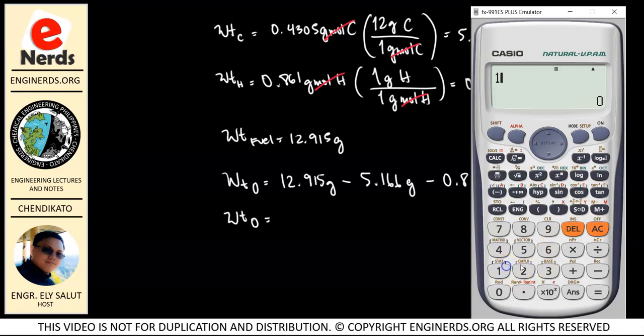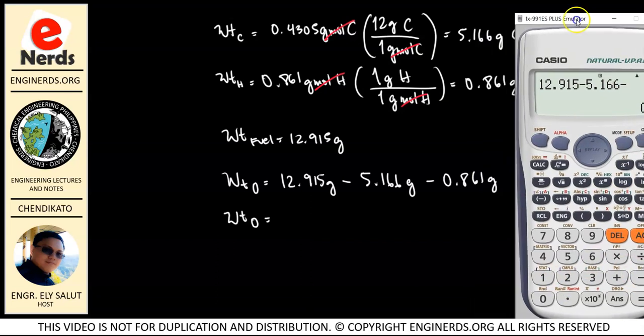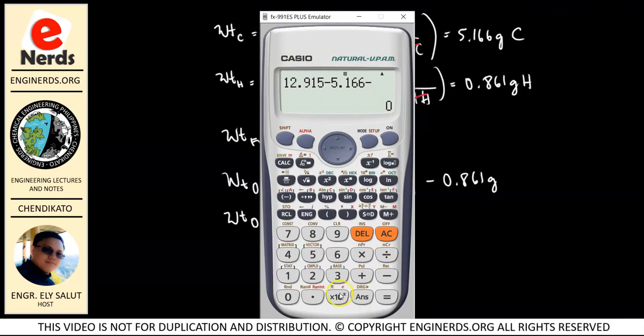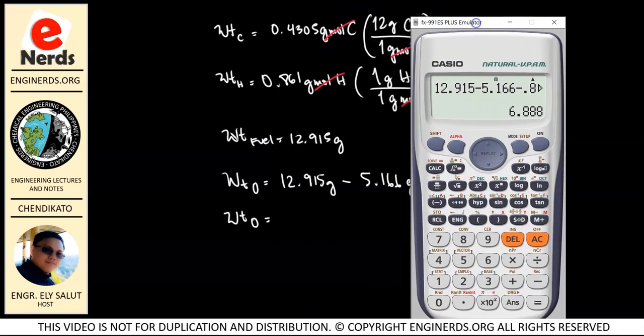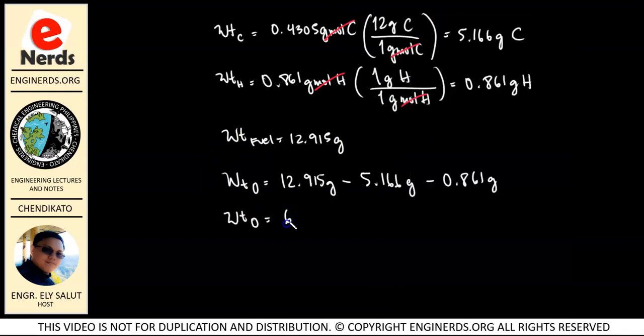We have 12.915 minus 5.166 minus 0.861. So we have 6.888 grams of oxygen. So yan yung weight ng ating oxygen.